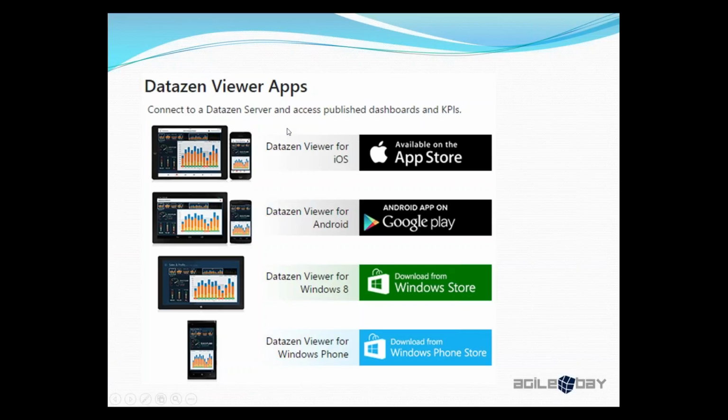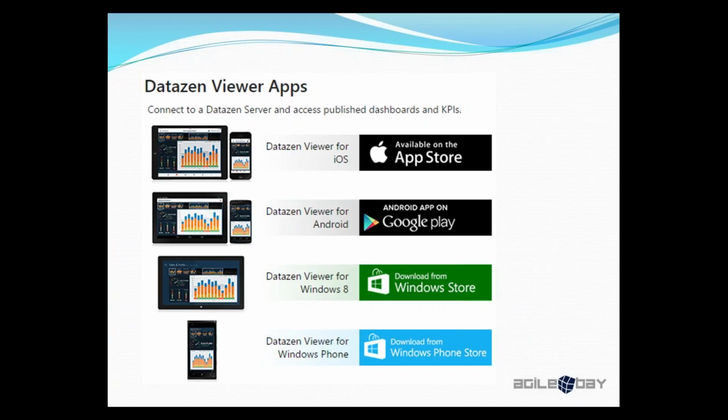The Datazen viewer also allows you to be downloaded as an application for Apple iOS, Android, Windows devices. And right now, if you want, you can actually go to Google Play or your App Store, or the Windows Store, look for the Datazen viewer and download it, and then you will see some demos that are available from the Datazen website.